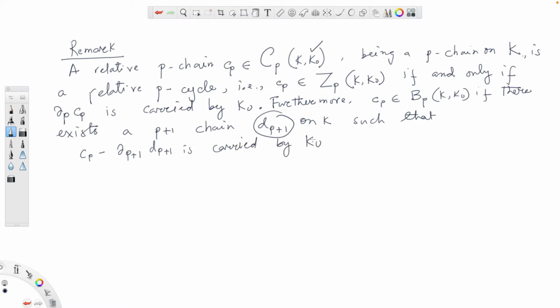Again, here we don't want it to be exactly 0, but we want it to be carried by the subcomplex K0. And then we say that it's a relative P boundary.